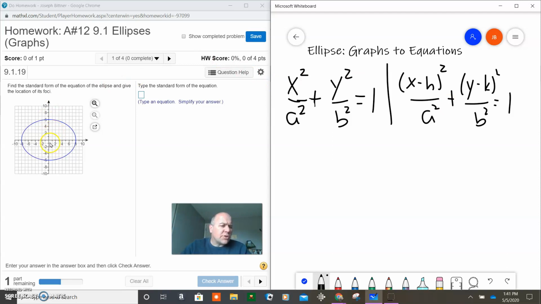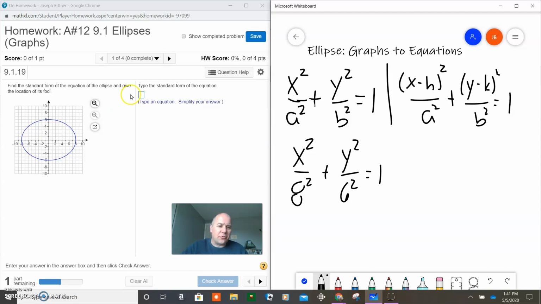All right, so the origin on this one is obviously at 0, 0, so I am going to use this equation. It looks like it goes left and right 8. It looks like it goes up and down 6. And that's really all I need for the problem: x squared over 8 squared plus y squared over 6 squared equals 1.